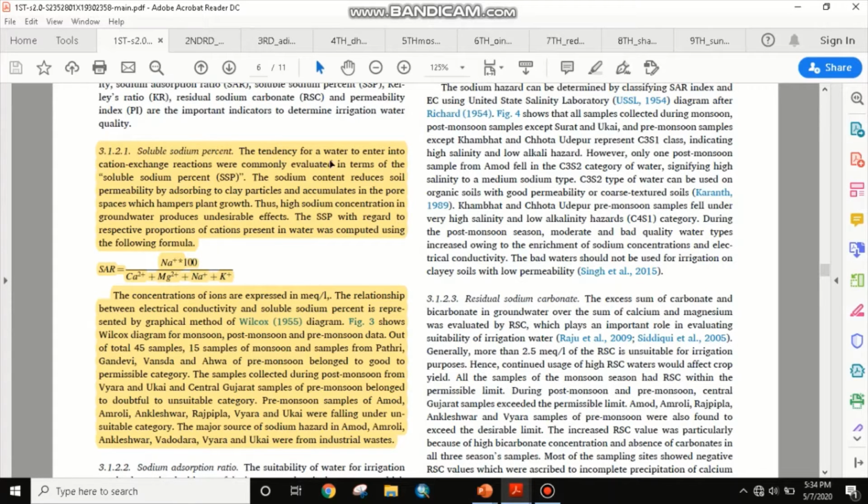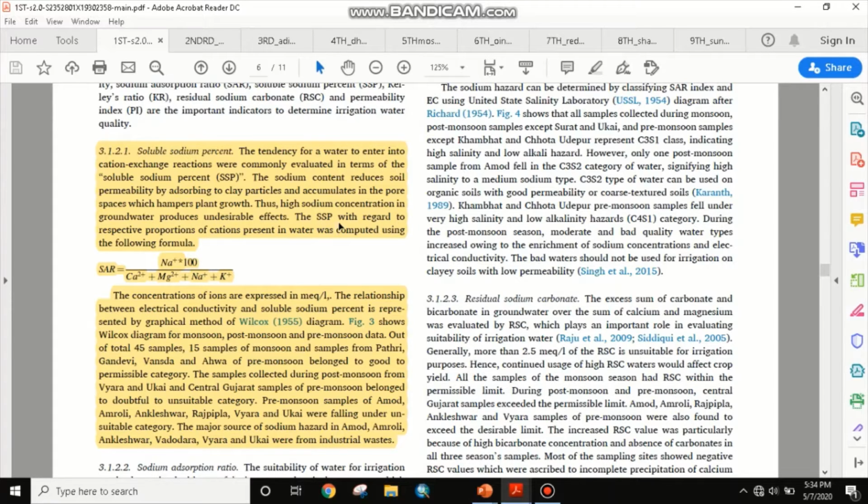The tendency for a water to enter into cation exchange reactions is commonly evaluated in terms of soluble sodium percentage. The sodium content reduces soil permeability by adsorbing to clay particles and accumulating in the pore spaces, which hampers plant growth, and thus high sodium concentration in the groundwater produces undesirable effects.